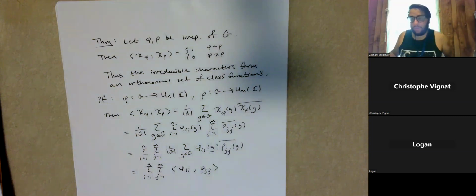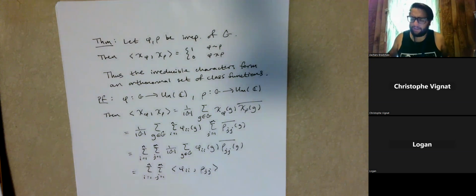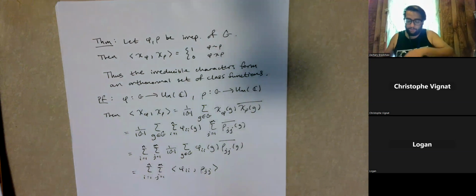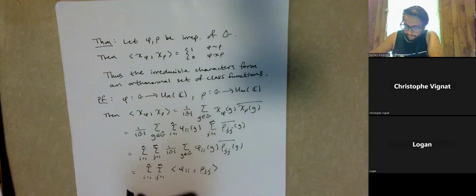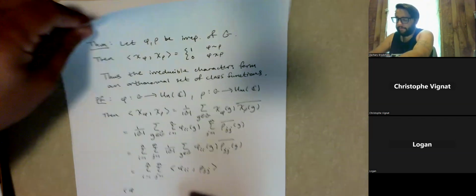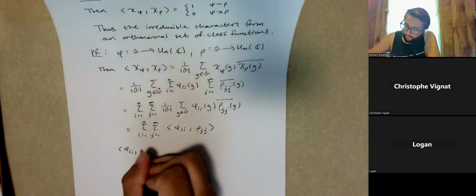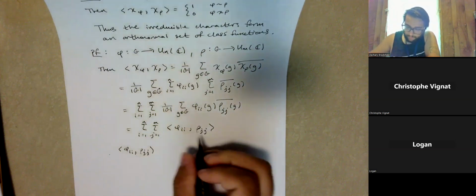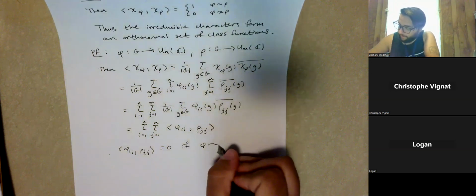And this is where Schur's orthogonality relations, from, I believe, last time, come into play. So I'll remind you what they say. They're a little tough to remember, maybe. So they tell us that the inner product of phi_i with rho_j is equal to 0 if these representations are not equivalent to each other.